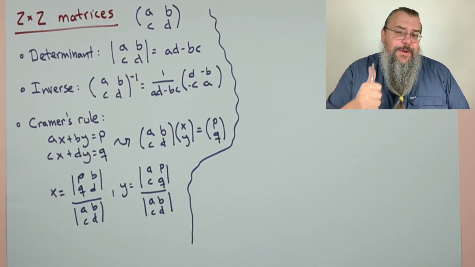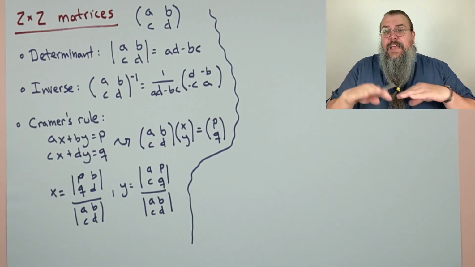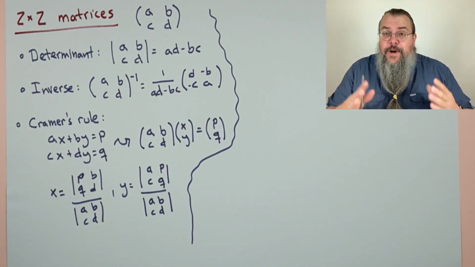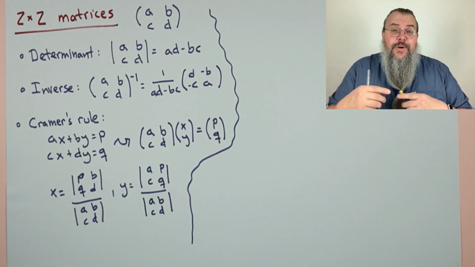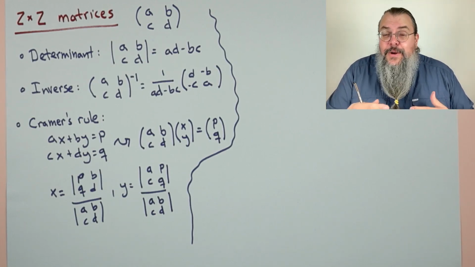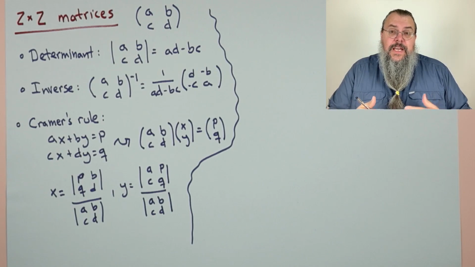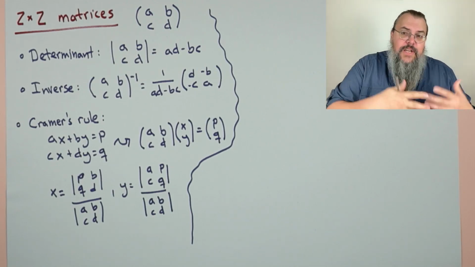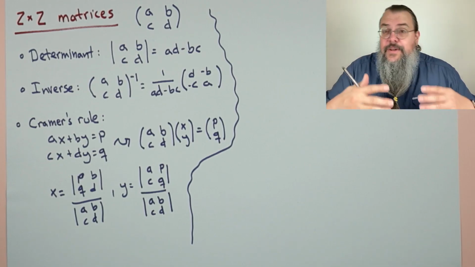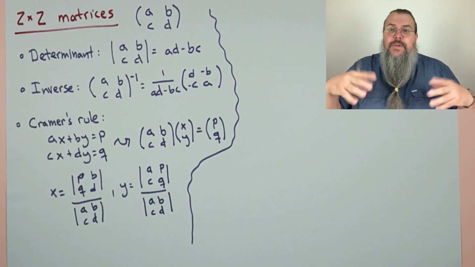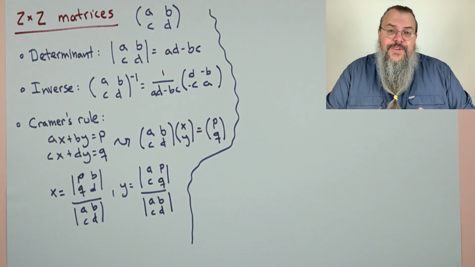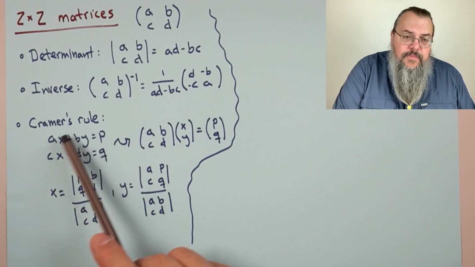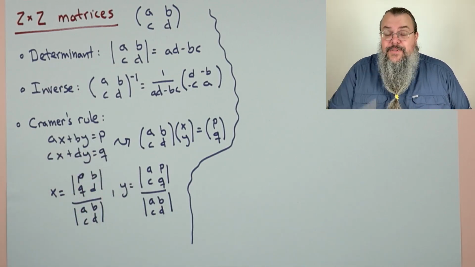One more thing that you maybe haven't seen before, or just saw in passing, but I want you to be aware of it because we will use it at one particular point in a variation, is called Cramer's rule. Cramer's rule is a way of saying, if I have a system of equations, maybe 2 equations, 2 unknowns, could be 3 equations, 3 unknowns, or 4 and 4, but let's leave it to 2 equations, 2 unknowns, then I can transform that and rewrite it in the language of matrices.